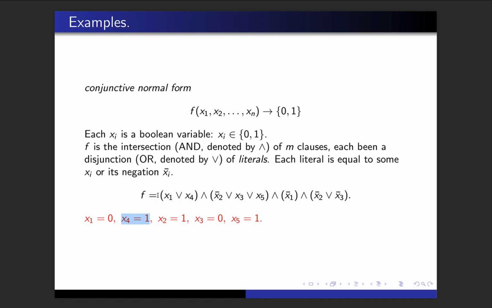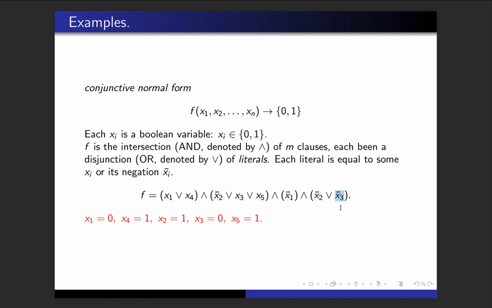So that makes the first clause equal to 1. And lastly, x3 is 0, so the negation of x3 is true, which makes the last clause equal to true. Each of the clauses in this formula is true. The intersection is also true. So this is a valid solution for my Boolean formula, my SAT problem.